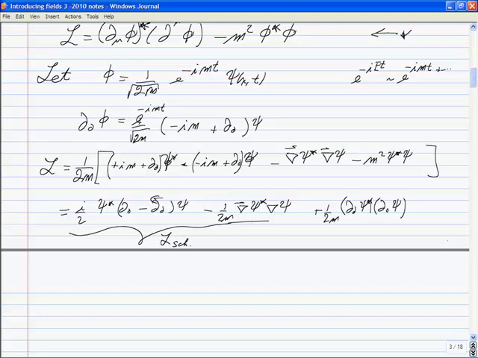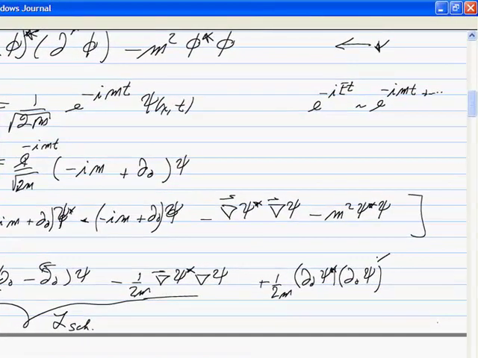This piece disappears because for this slow motion field, d0 psi is like del squared over 2m psi in the non-relativistic limit. And so this is like p squared over 2m. So this is p to the 4th over m squared.